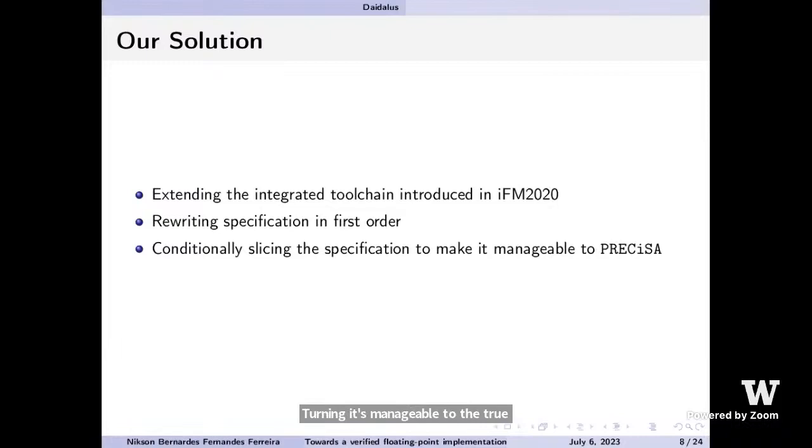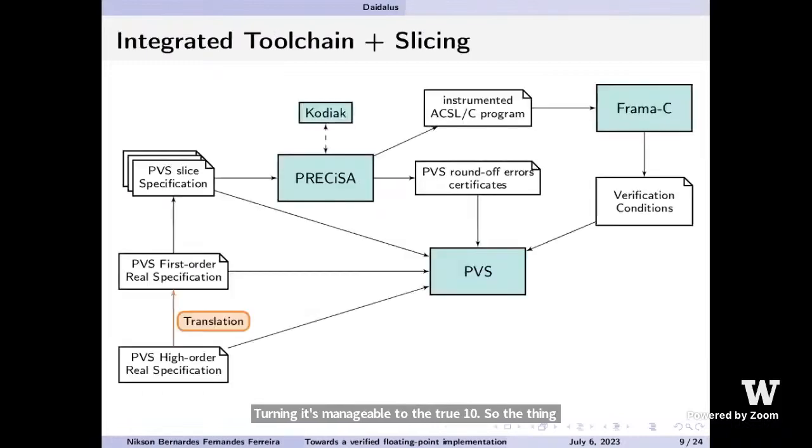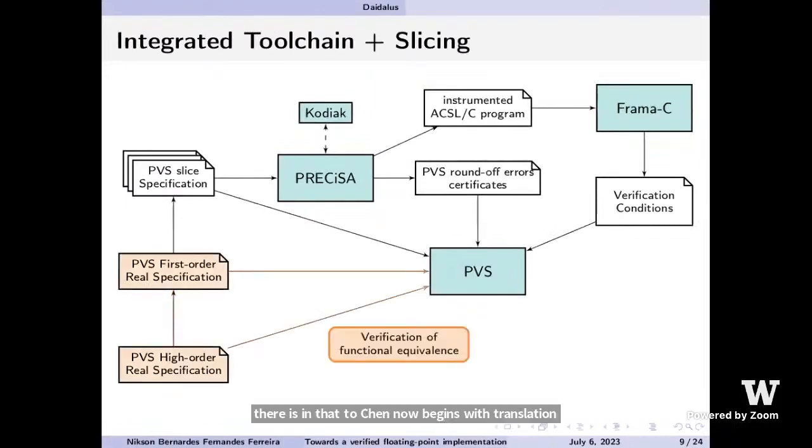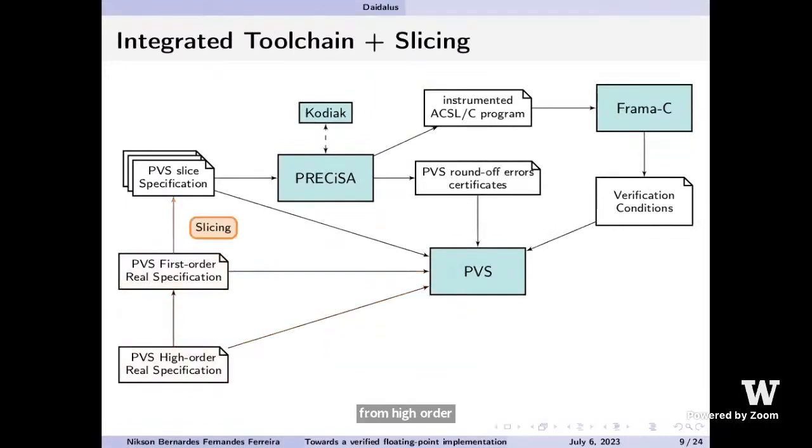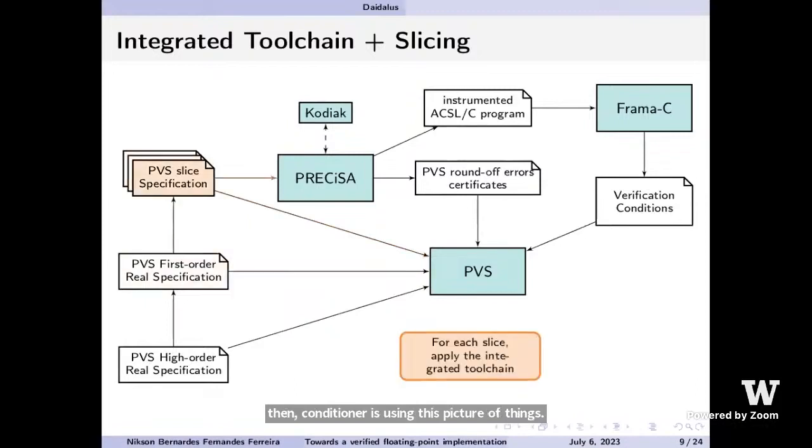So the extended toolchain now begins with a translation from higher-order declarations to first order, then proving the functional equivalence between them, then conditionally slicing this first-order specification and proving the equivalence between them, and for each slice, applying the same integrated toolchain.